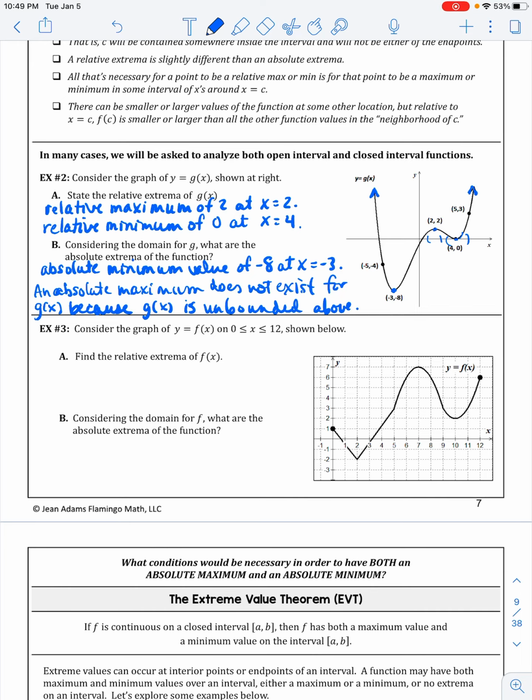All right, so it's on a closed interval, and there's something special about a closed interval. And we didn't talk about it on example number 1, but I do want to talk about it on this one. I'm going to point out the highest and lowest internally on this function, okay?